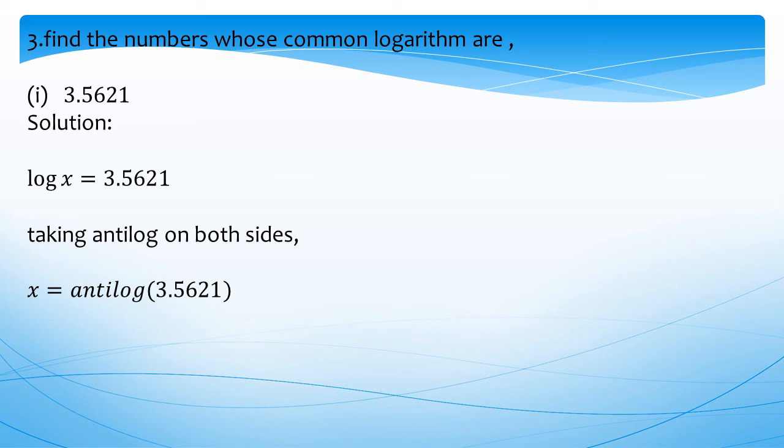We focus only on the decimal part because 3 is the characteristic. The antilog of 0.5621 is 3648 and the mean difference is 1. Now add, the value becomes 3649. So x is equal to 3649 because characteristic is 3, so decimal place after 4 digits.